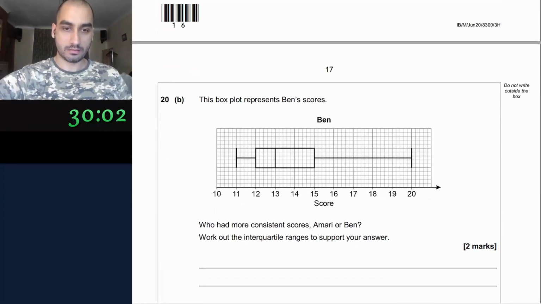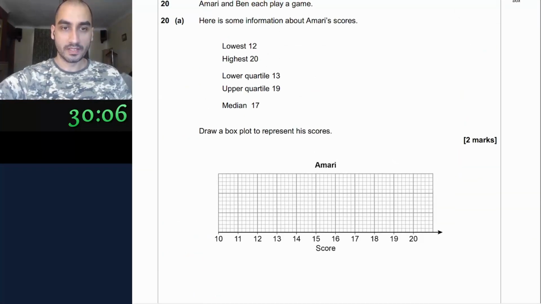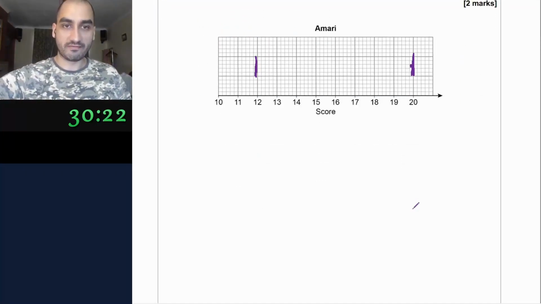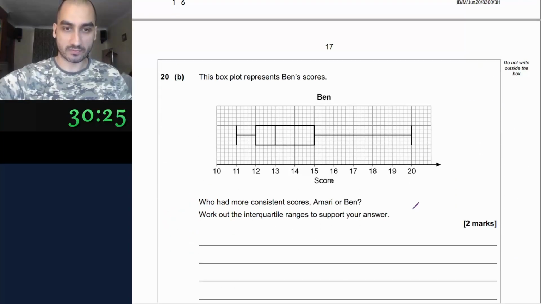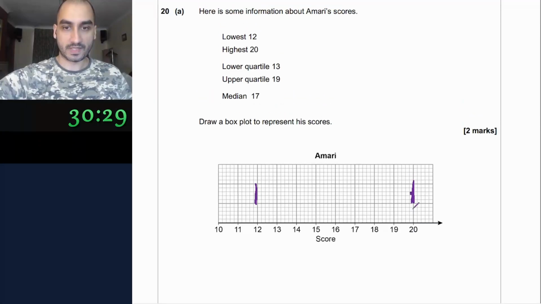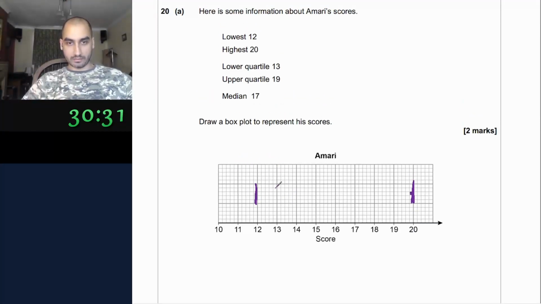Oh, okay. So this gives us a clue how to do it. All right. So I believe you take the lowest, and that's where the first whisker goes. The lowest is 12. So we do first whisker. And the highest is 20, the upper whisker. Why did they change the name from box and whisker to box? I liked box and whisker. And now you show the lower quartile, which is 13.